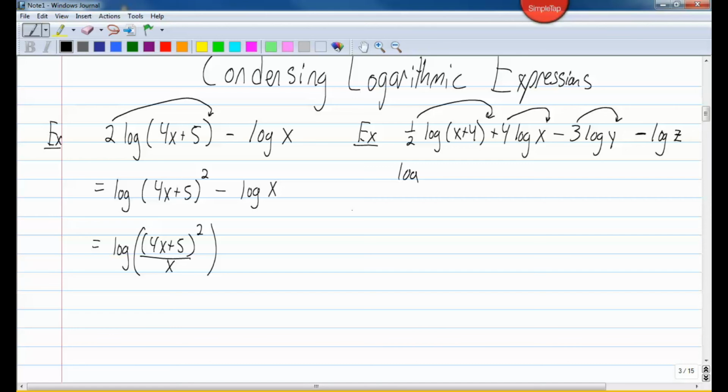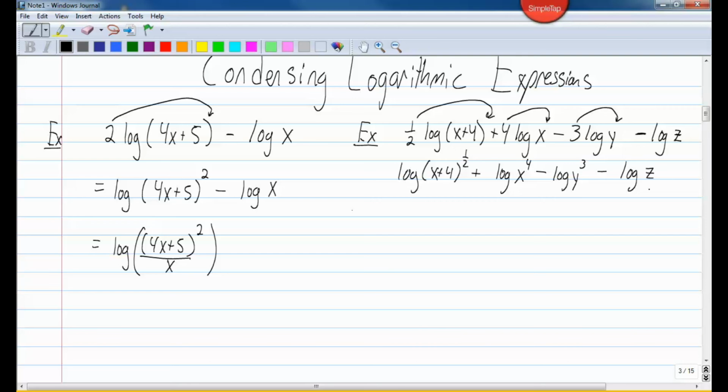So I have log of x plus 4 to the 1/2 plus log of x to the 4th minus log of y cubed minus log of z.